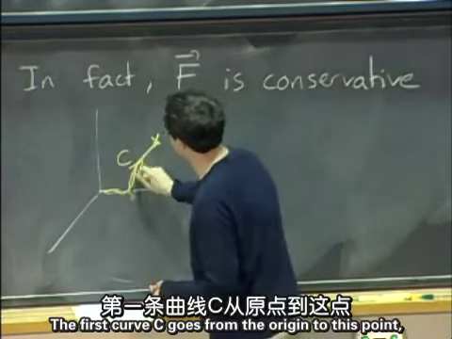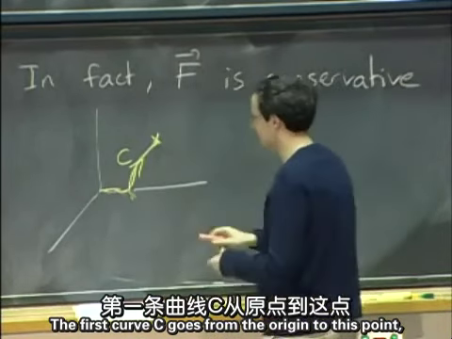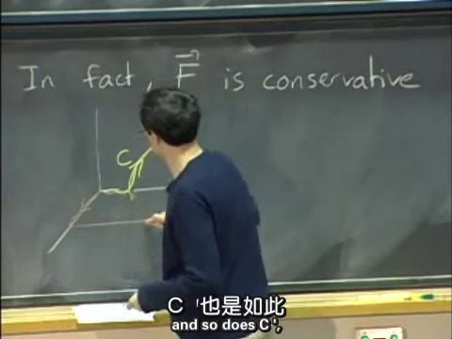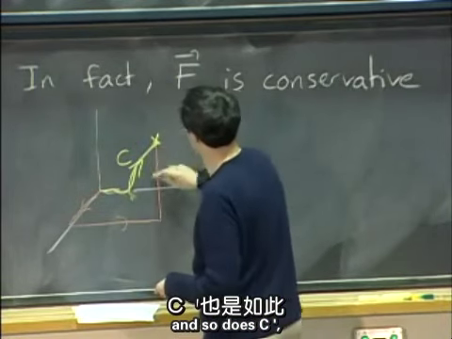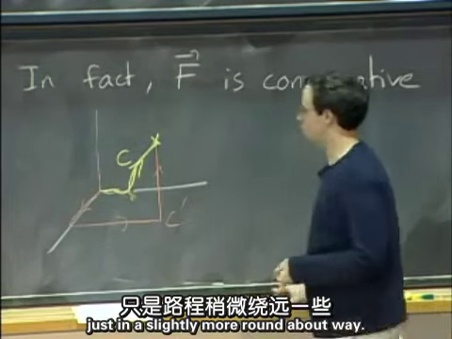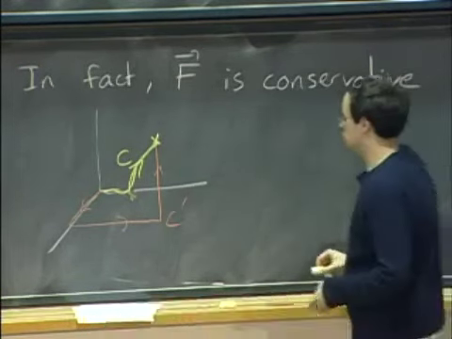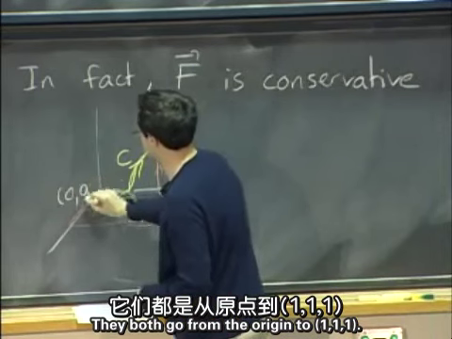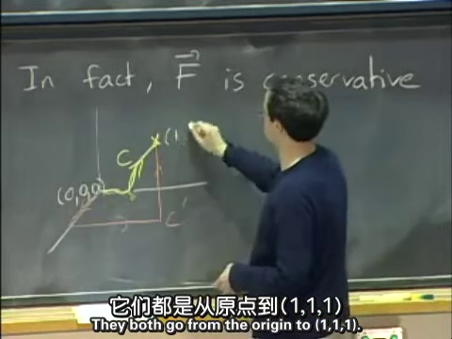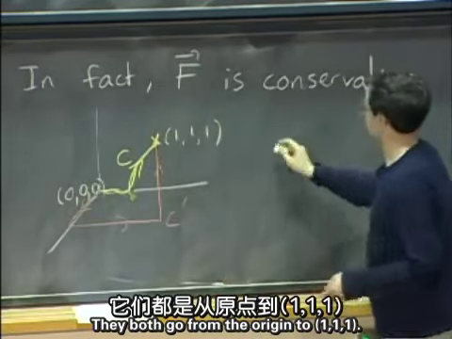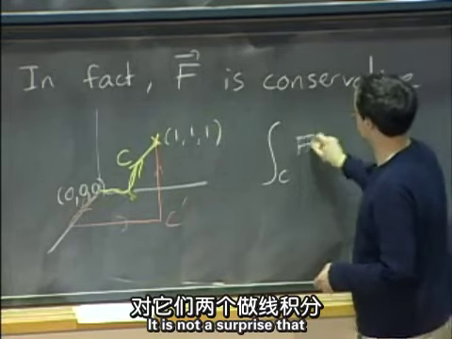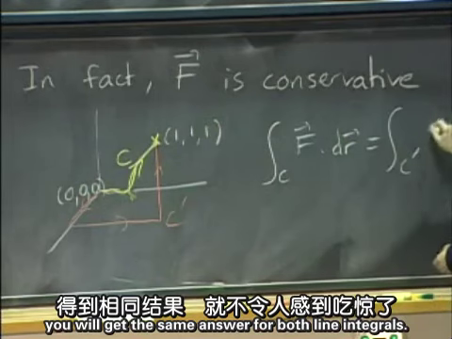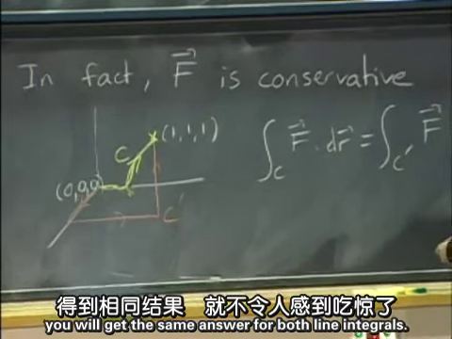So the first curve C goes from the origin to this point, and so does C prime, just in a slightly more roundabout way. So they both go from the origin to (1, 1, 1). So it's not a surprise that you'll get the same answer for both line integrals.